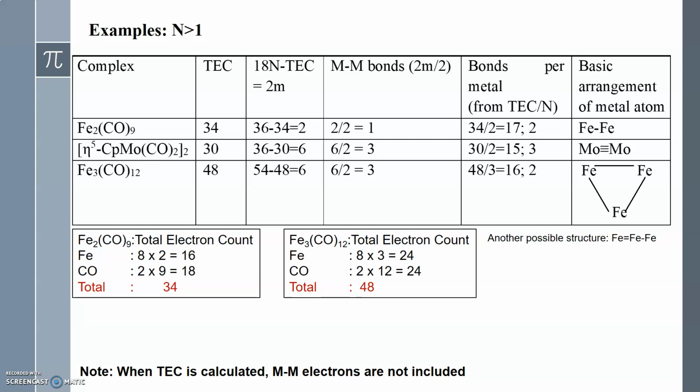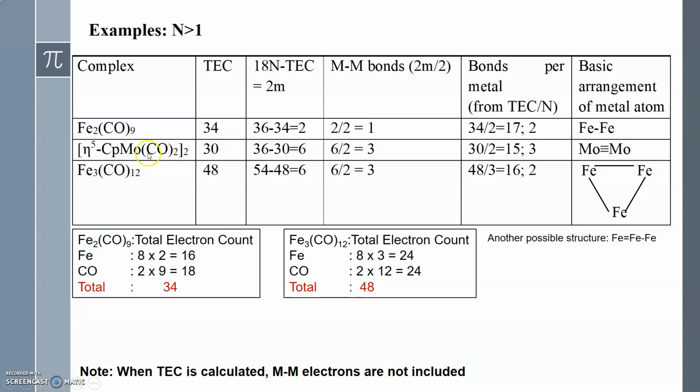So this has to be satisfied through the formation of one metal-metal bond. Here it is given wrongly: it is not 2, this is 1. So every iron in this complex will try to have one metal-metal bond, so that the electron gained from that is added here to get 18. So the basic arrangement of the metal atoms in the given complex is iron bond iron.